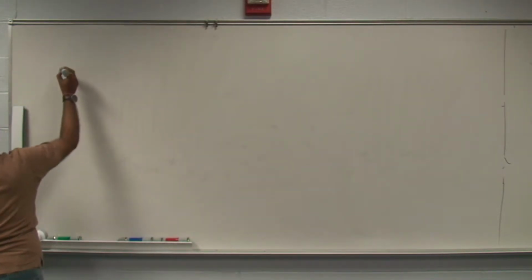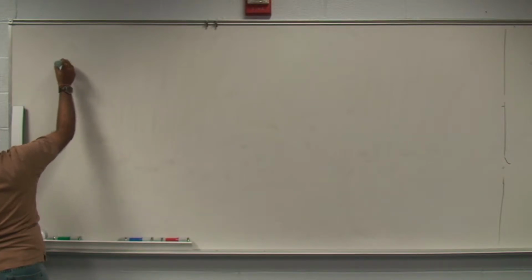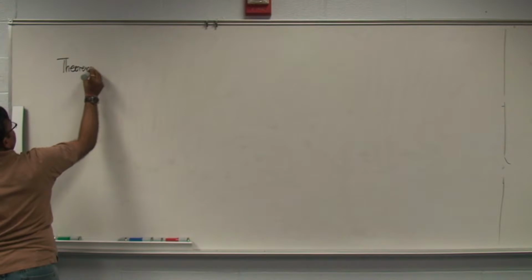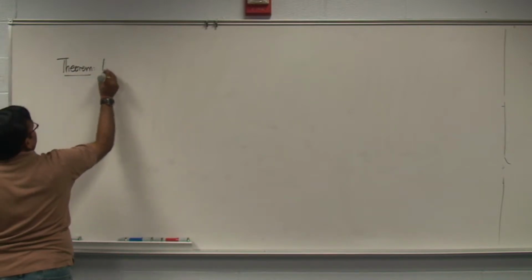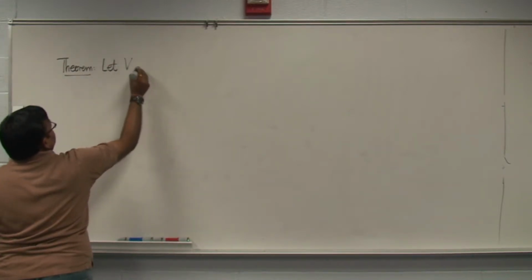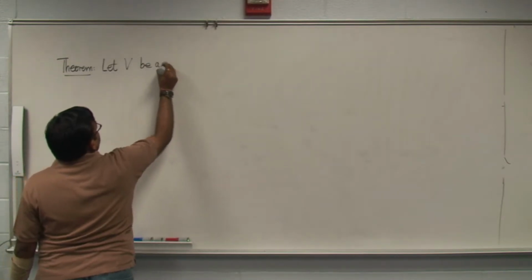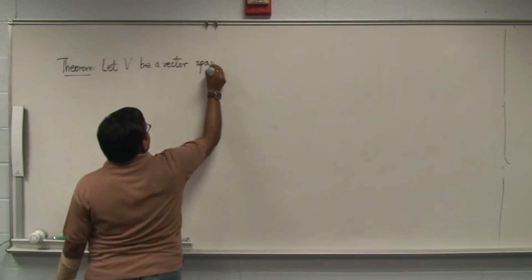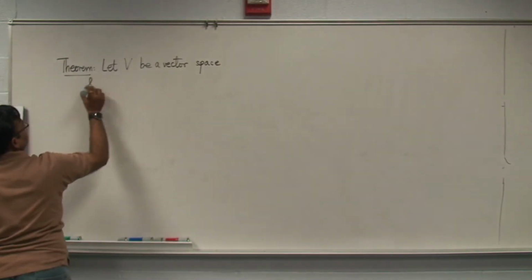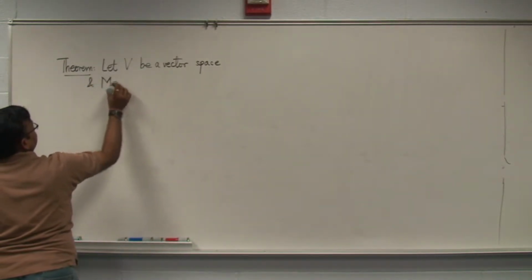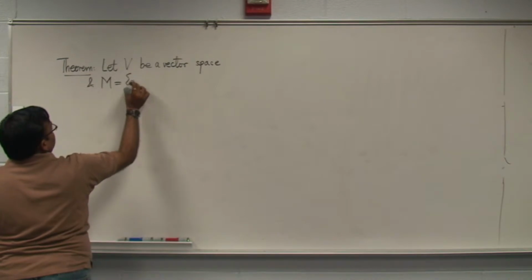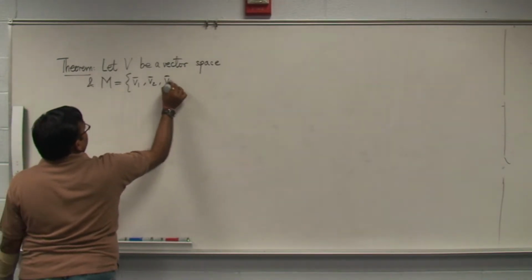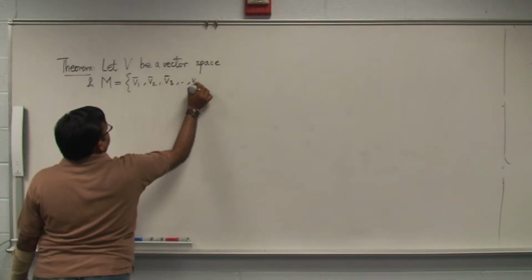So here's the theorem that we are after. Suppose I have a vector space V, and suppose I have a set M of some bunch of vectors v1, v2, v3, ..., vk.